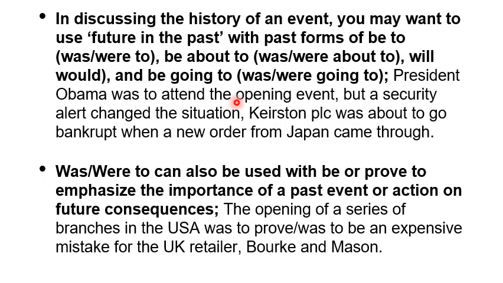In formal language, sometimes we need to talk about the future in the past. This usually occurs when we're talking about history. If we need to do so, we need to change will to would, and we need to change is, are to was, were, be going to to was, were going to.